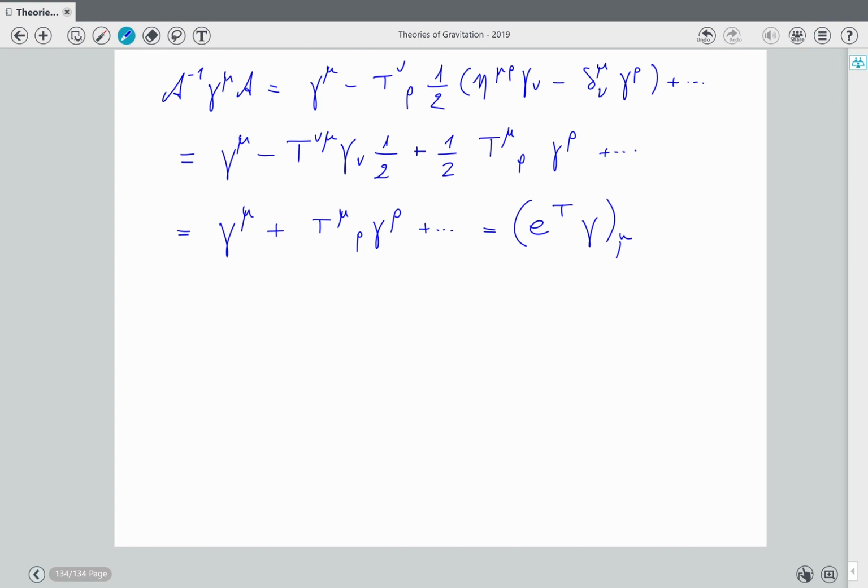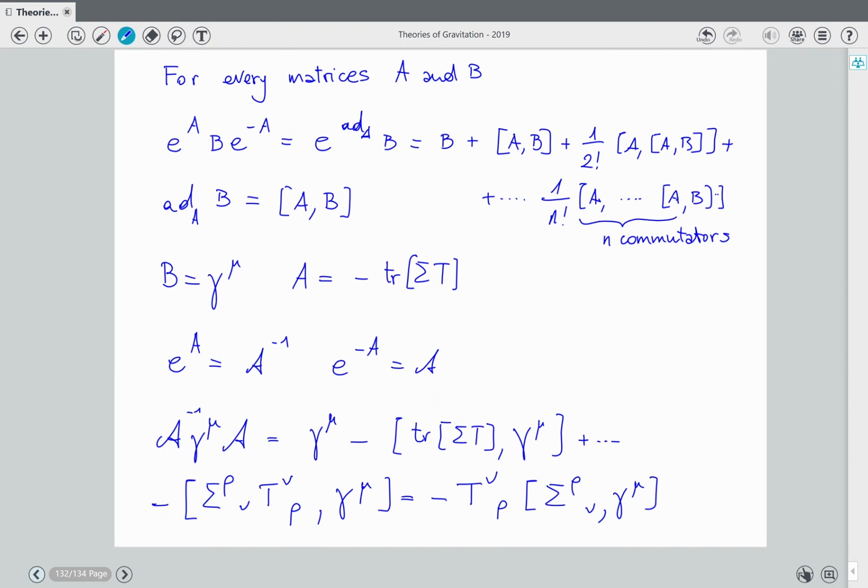up to the corrections. We have just checked the first order. Point is that to the other orders with the Campbell-Baker-Hausdorff you can repeat, because you will have that basically A is sigma and B is gamma, and the commutator of sigma and gamma is a gamma.